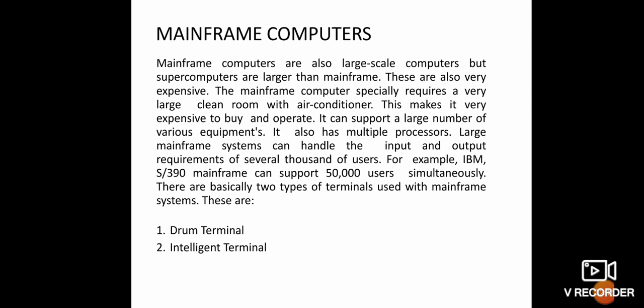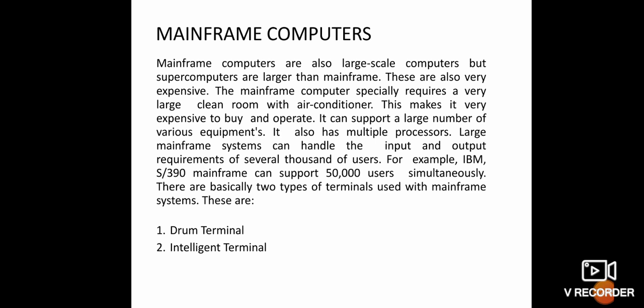The mainframe computers are mainly used for large scale computing, and it is larger than the mini computer, whereas the supercomputer is larger than the mainframe computer. They are very expensive. They require a very large clean room with an air conditioner in order to perform.